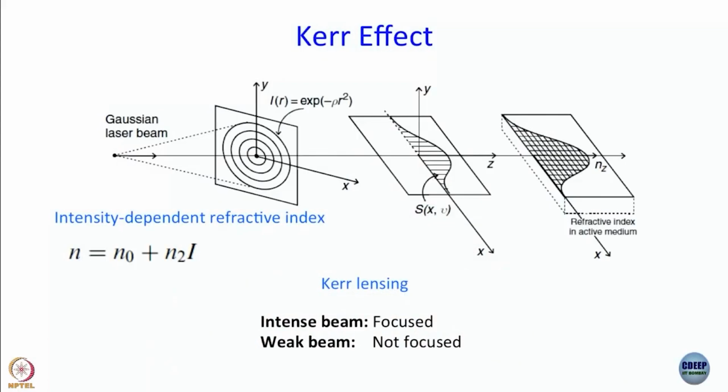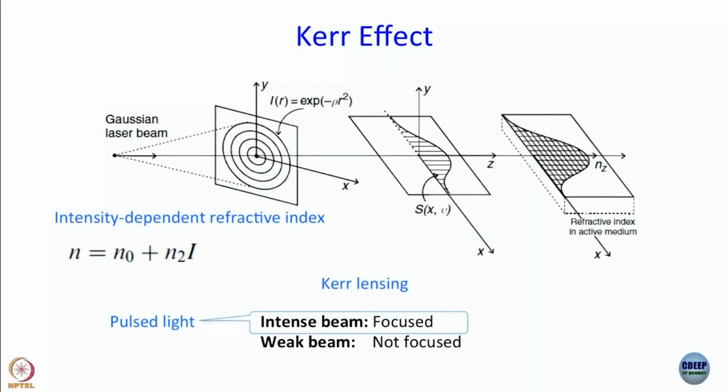So, an intense beam will get focused and a weak beam will not get focused, because do not forget the beam itself is bringing in Kerr lensing. Okay. This is the part that we really need to understand. It may not be so easy to follow when you hear it for the first time, and then it is going to get more interesting as we go further.